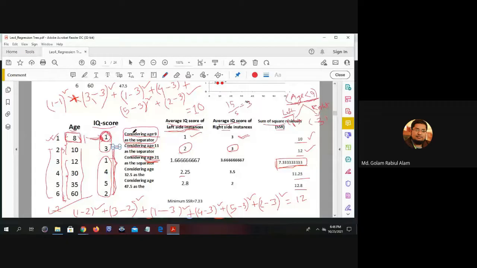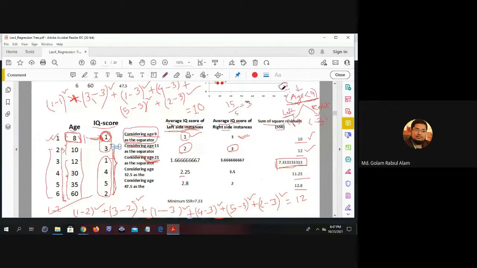So how can we measure the error? To measure the error using the sum of squared residuals, we consider that this is the average. If we just have this tree, based on the split, suppose one person's age is 10. In this case, how can we predict the IQ?